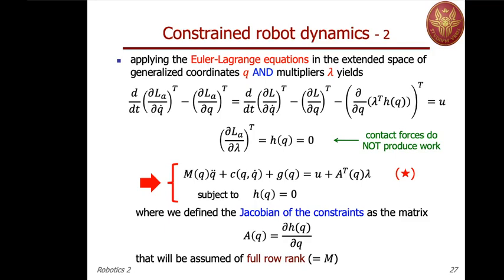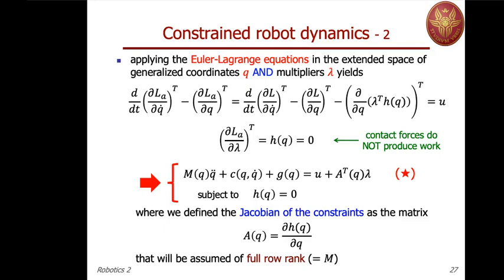And the A matrix is nothing else than a Jacobian. In fact, it's the partial derivative of the constraint h with respect to q. And by the operation, you see that this matrix appears transposed in the star equation. This star equation will be used later on and on, so keep this in mind.